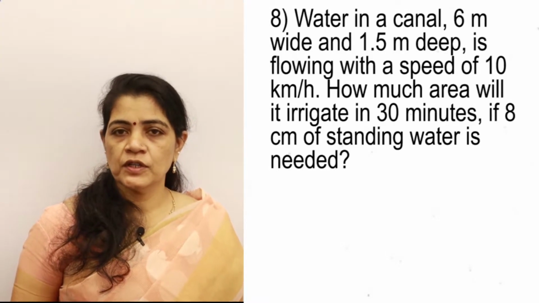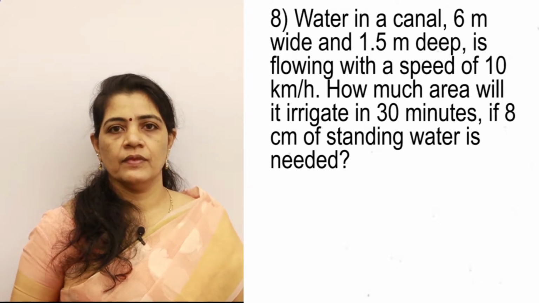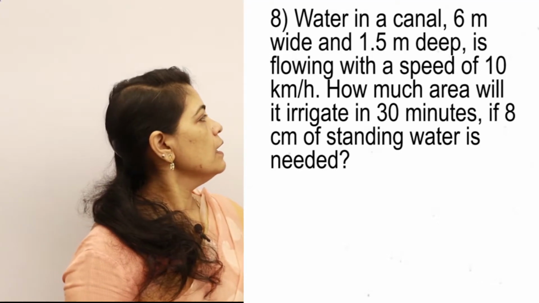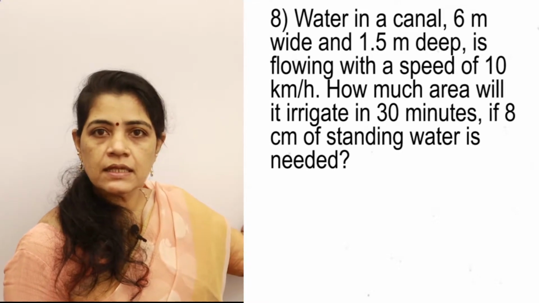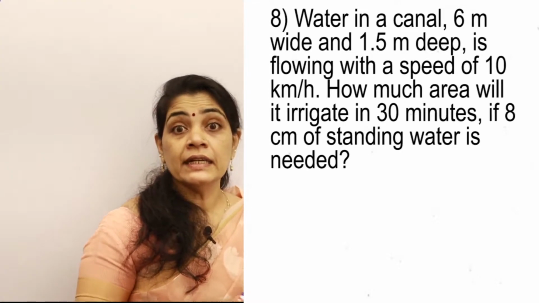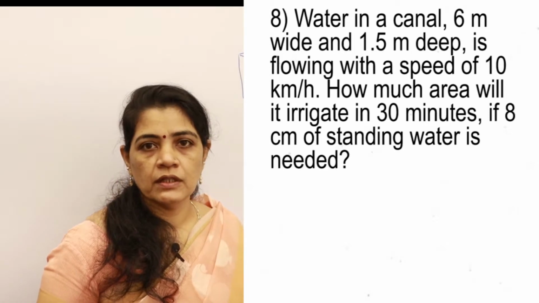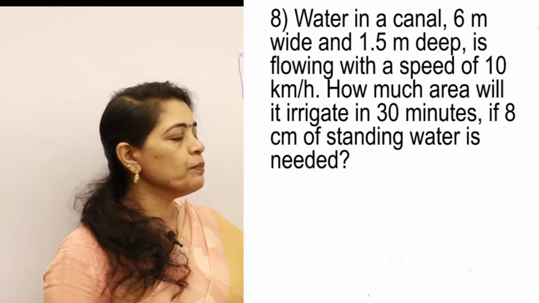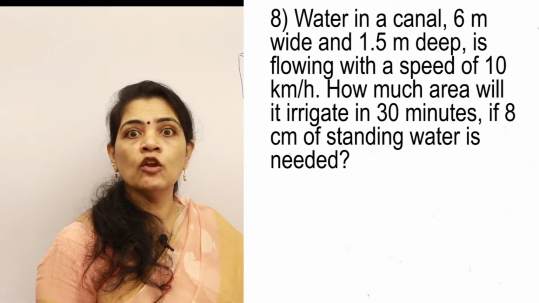This is the most important problem of this exercise. Water in a canal of width 6 meter and deep 1.5 meter is flowing with a speed of 10 km per hour.